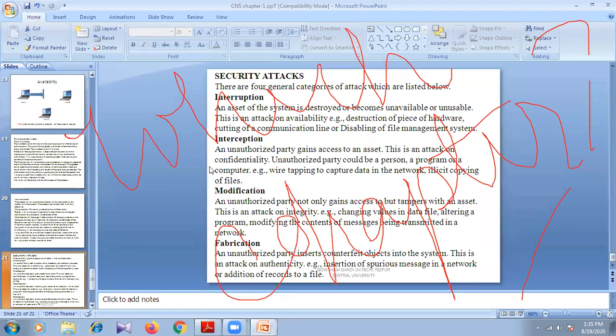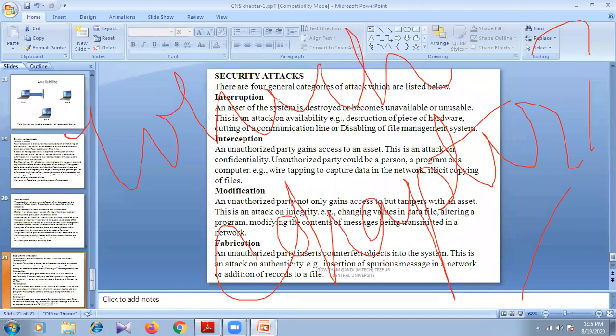Generally we call them passive and active attacks, but the general way is to call them four types of security attacks. We have already discussed these. First one is interruption, second one is interception, then modification and fabrication.